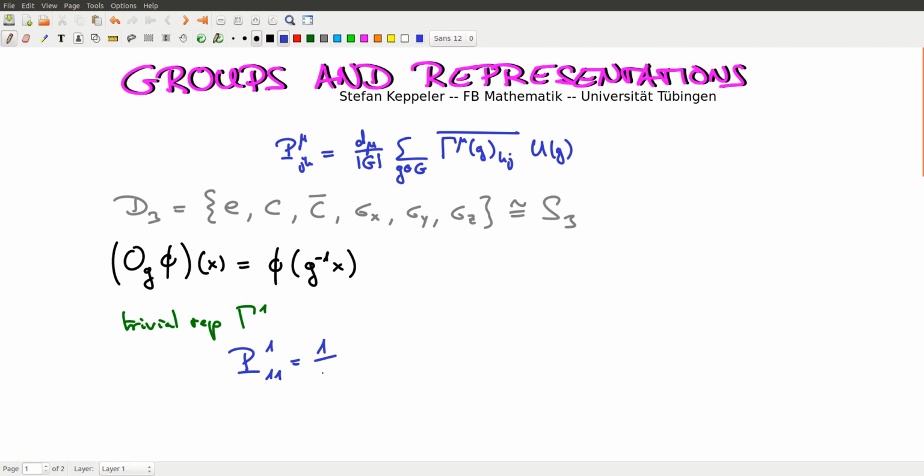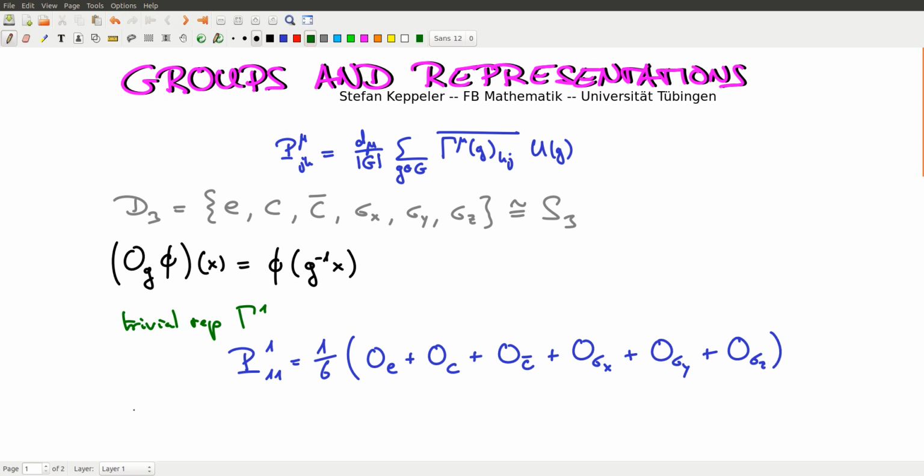Now we have here 1 over the order of the group, that's 6. And the matrix elements of our representation matrices are just the trivial ones from the trivial representation. So what comes here is just a sum of all these operators OE, OC, OC bar, O sigma x, O sigma y, and O sigma z.